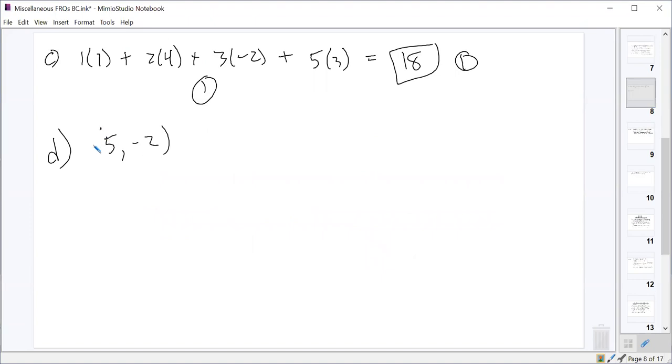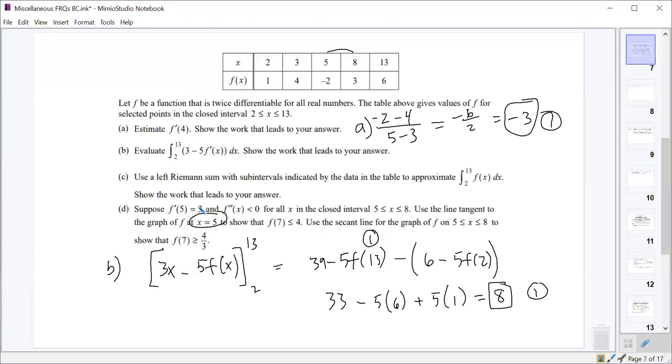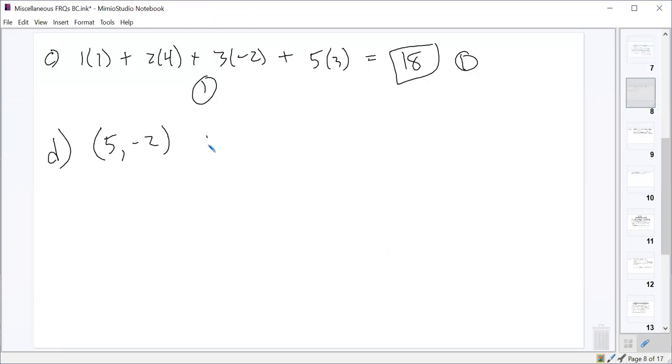5, negative 2, and I already forgot what the slope was. The slope was 3. All right, so our tangent line equation, we should end up with y minus negative 2 equals 3 times x minus 5, which is good, or if you want to distribute it through, you're welcome to.